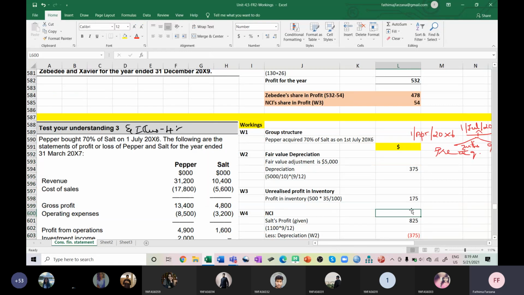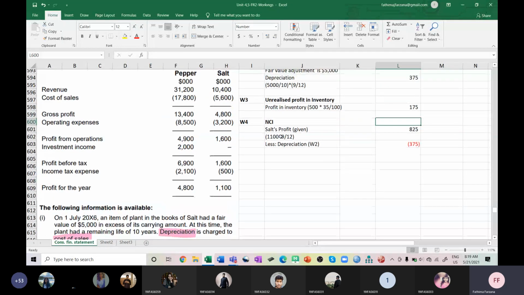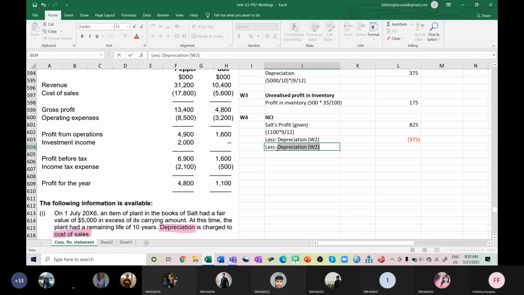It's done. So 375. Then I have to adjust this unrealized profit in inventory. I want to remove that profit. So what should I do, add or subtract? Subtract. Better to mention it, according to me. 175. Okay, then what else did we see?